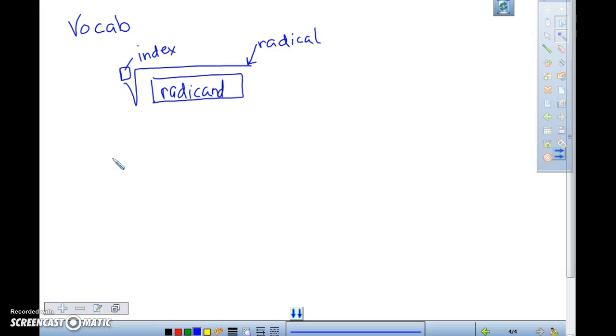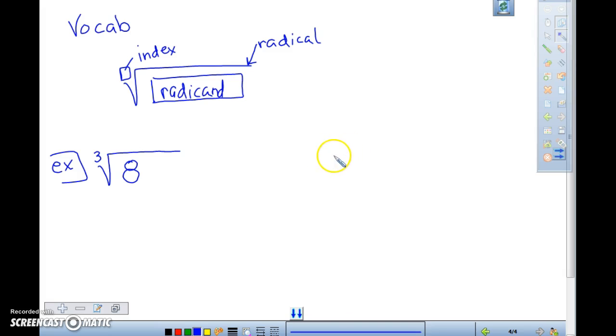Okay, let's do one that's a little bit larger. This time, let's do the cube root of 8. This one is perfect.